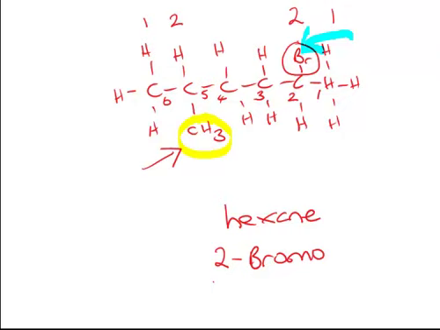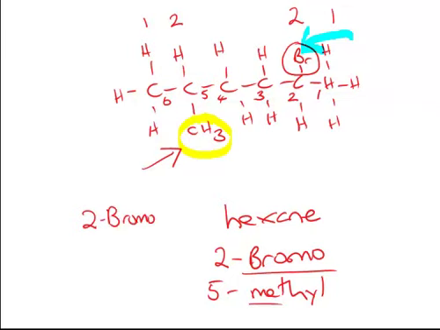So we've got a methyl group on the number 5. Now how you write this is you do it in alphabetical order. So the bromine comes before M, so it's 2-bromo-5-methylhexane, and that's that one named.